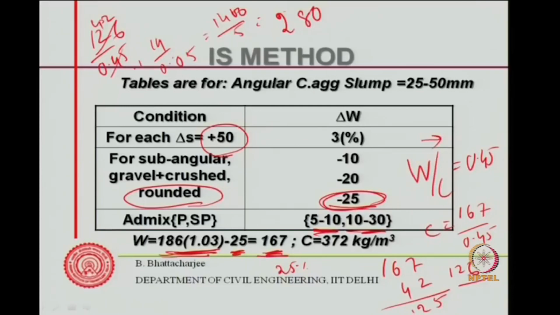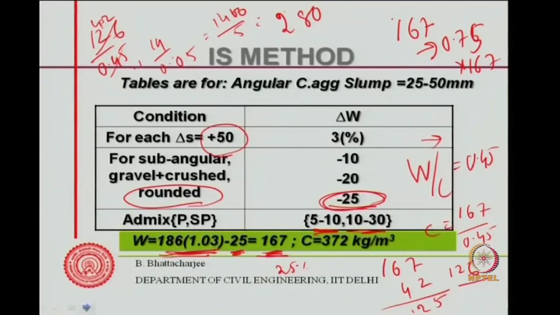So I could use 280 kg of cement if I was using superplasticizer and reducing the water content by 25%, because my water would change from 167 to 0.75 into 167.